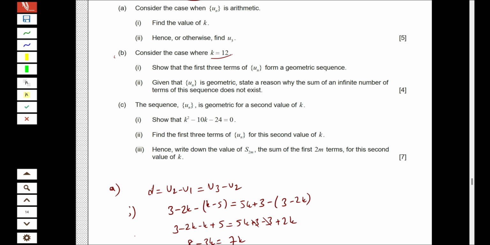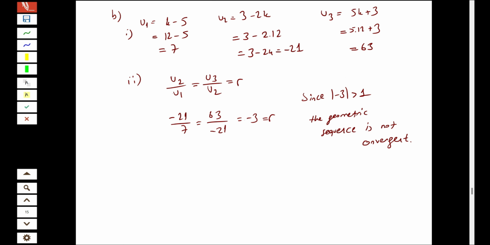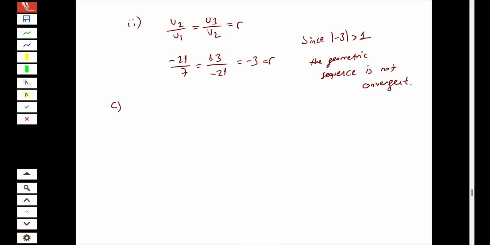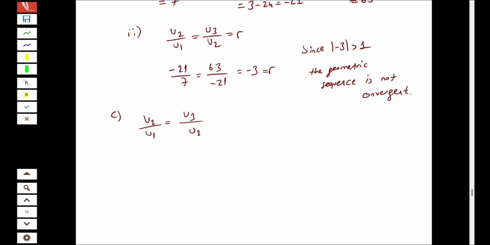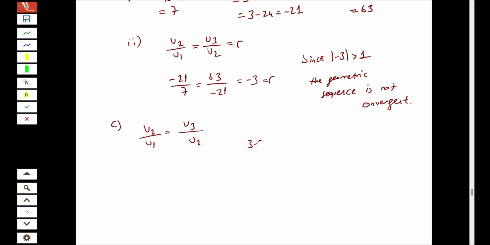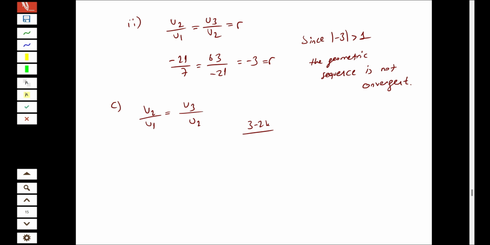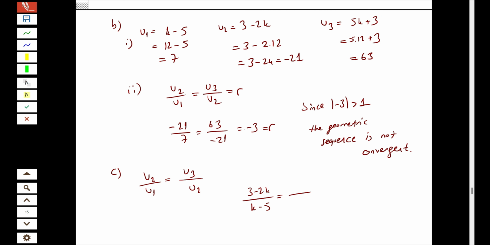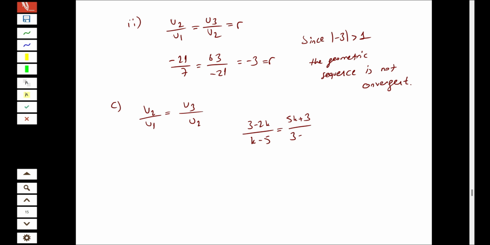And the other question: the sequence Un is geometric for a second value of k. Show that k squared minus 10k minus 24 equals 0. In the same manner, we're going to use u2 over u1 equals u3 over u2. We don't know k in this equation, so we will write u2 in terms of k, which is 3 minus 2k, over u1, which is k minus 5, and u3 is 5k plus 3 over u2, which is 3 minus 2k.